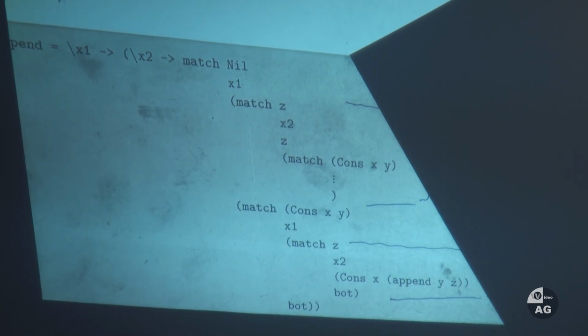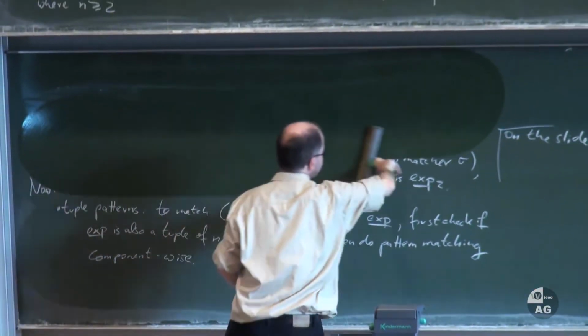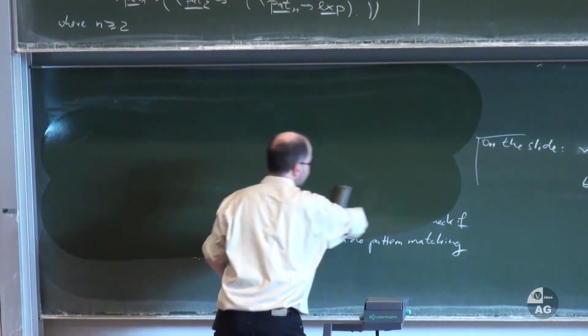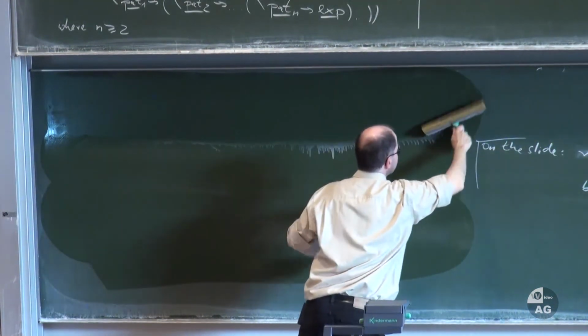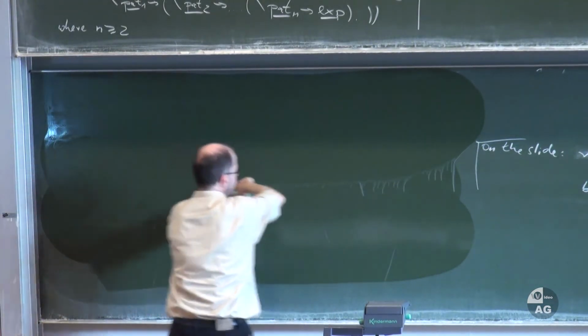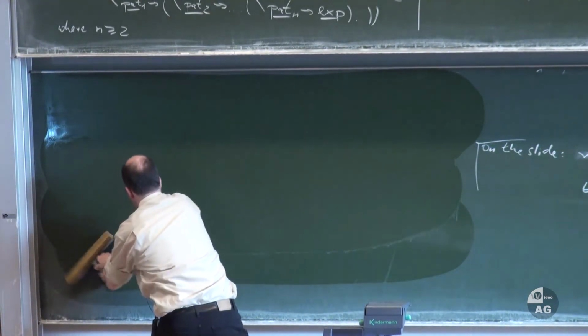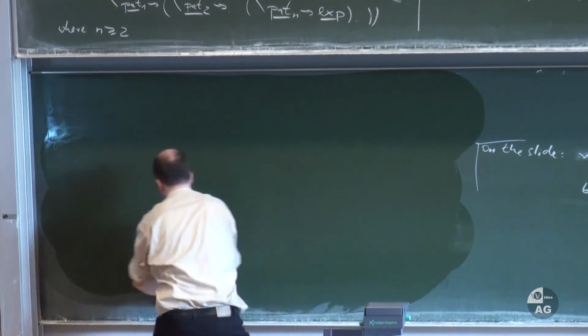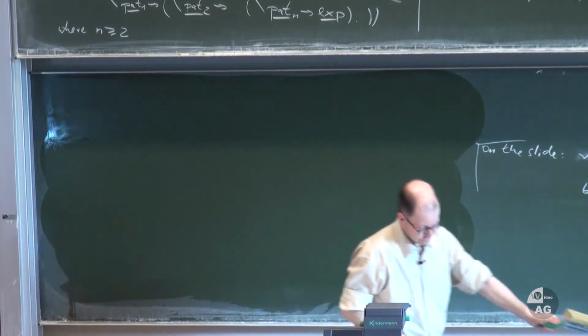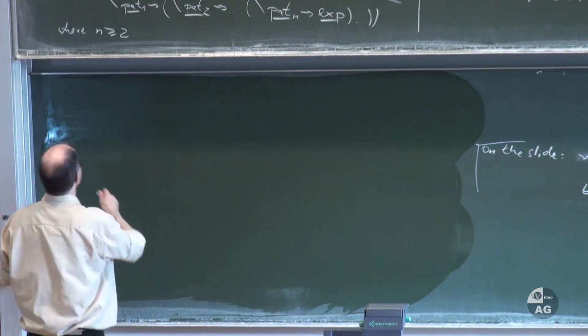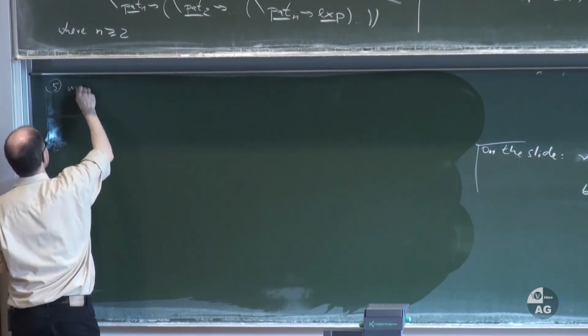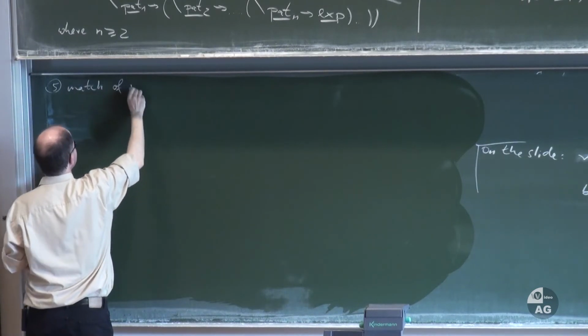But to write it down, I need more space. So rule number 5 is matching of variables.